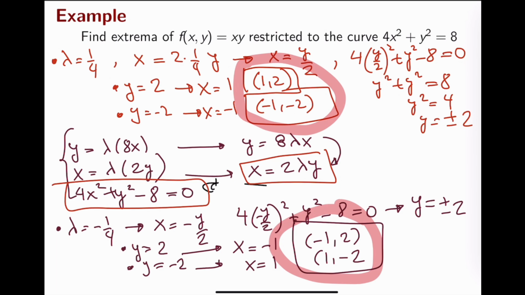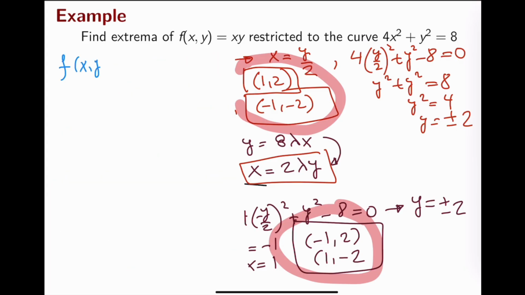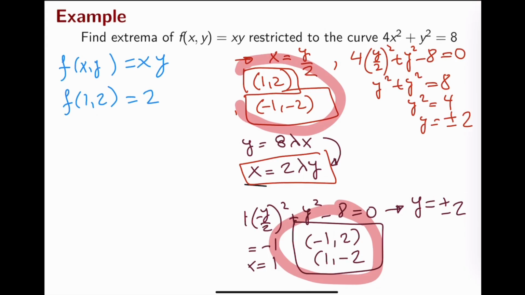So what remains now is to actually evaluate the original function at each of the points in the list. f of (x, y) was x times y, right? So evaluated at (1, 2), the first of the points in our list, it is going to be just 1 times 2. In this case, it's just 2.